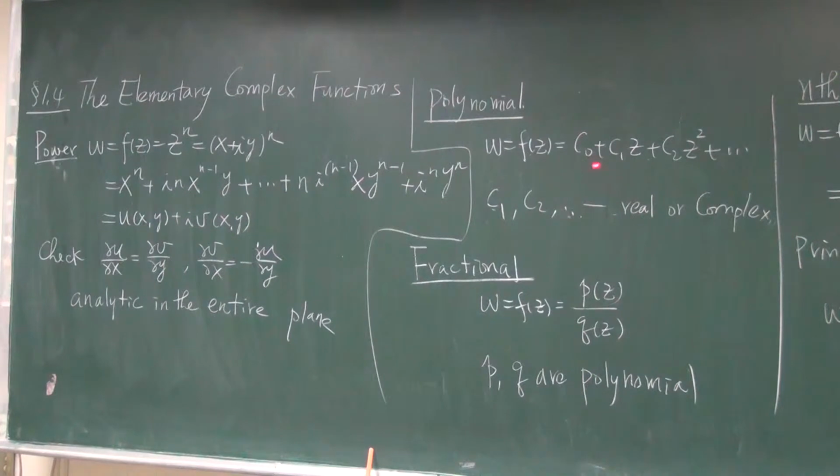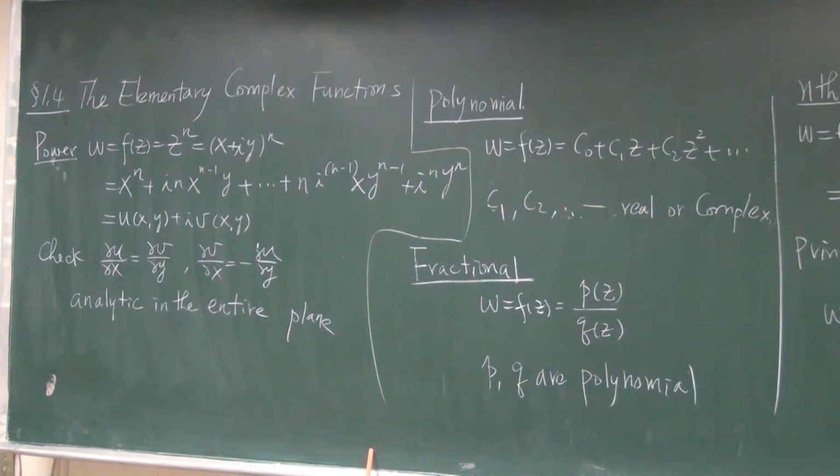Note that C0, C1, C2 here are constants. They can be real numbers or complex numbers, which is just a very straightforward generalization of the power function. We just add many power function terms together to create a polynomial. This function is also analytic.